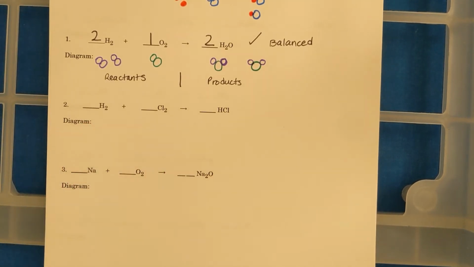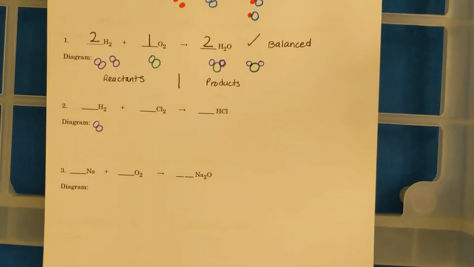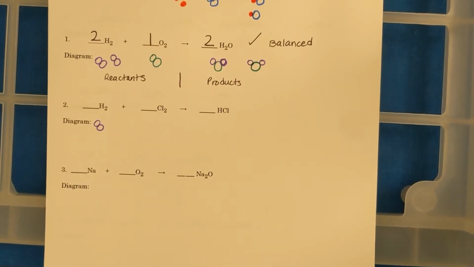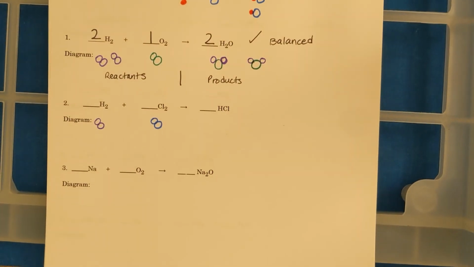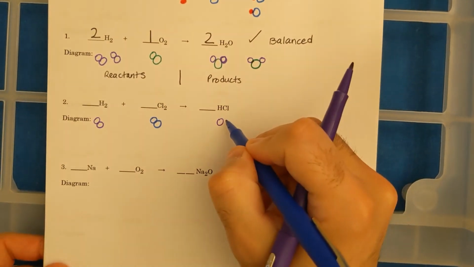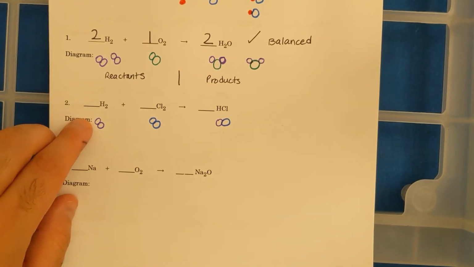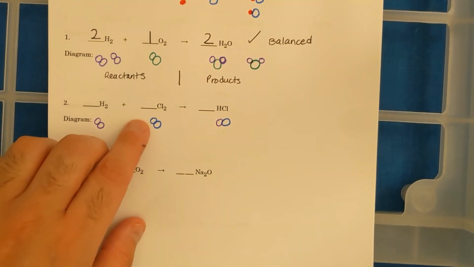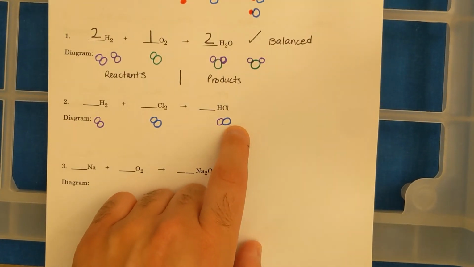Let's do another example. We have H2 and Cl2 to yield HCl. So let me keep H as purple. So I have H2, and I'll make Cl blue. Cl2, blue. And on the right side, I have HCl, a blue and a purple. And you already can see right here that I have 2 H's, 2 Cl's, and I only have 1 H and 1 Cl on this side.